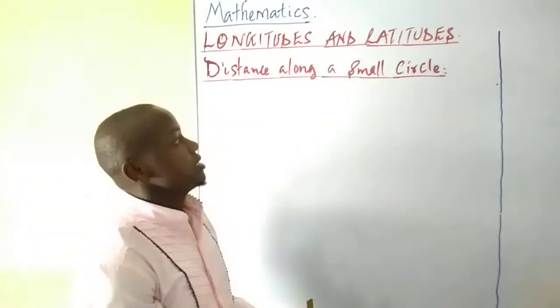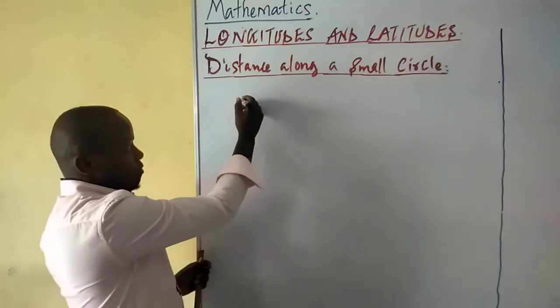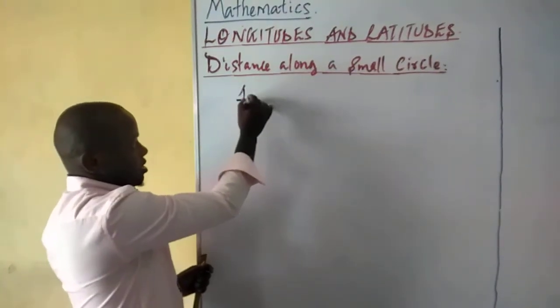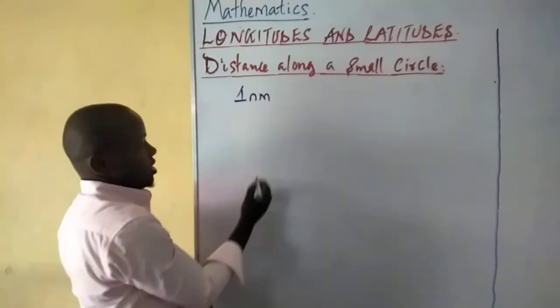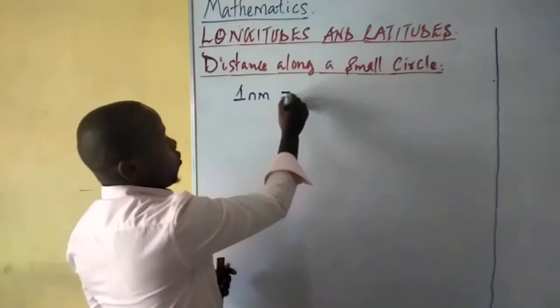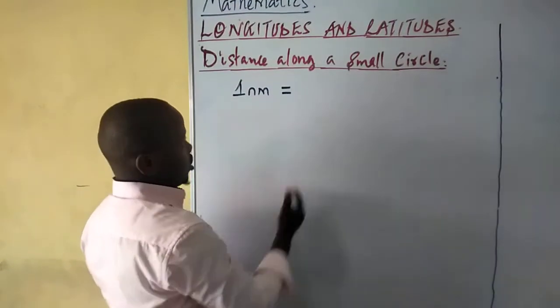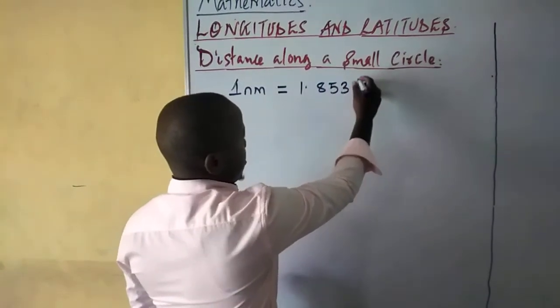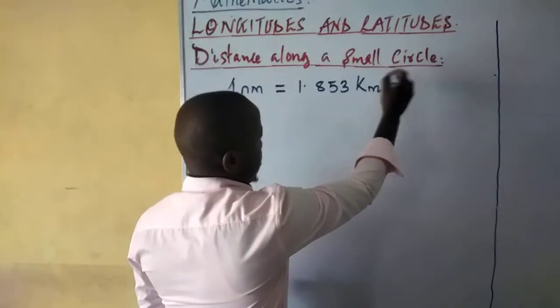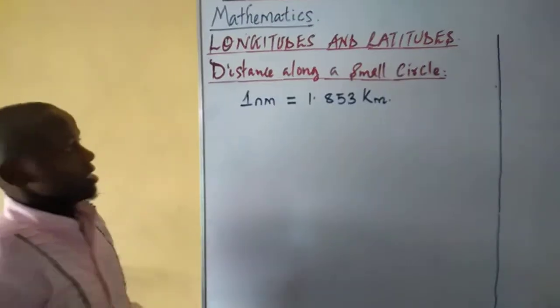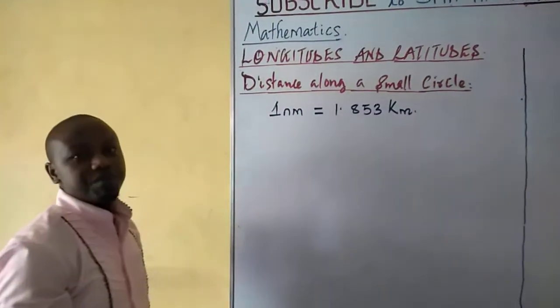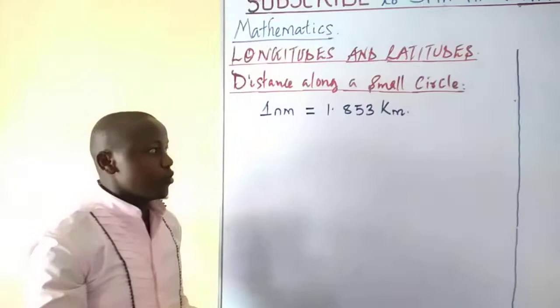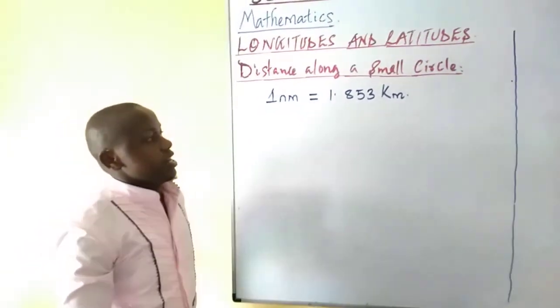Therefore, nautical miles is related to a kilometer such that 1 nautical mile is equal to 1.853 kilometers. Therefore, we have this relationship between the two units of measuring distance.